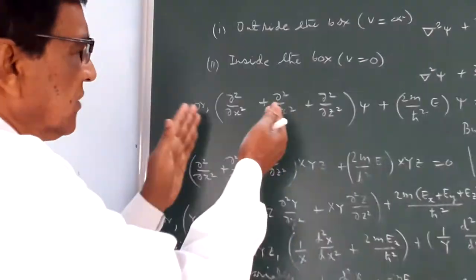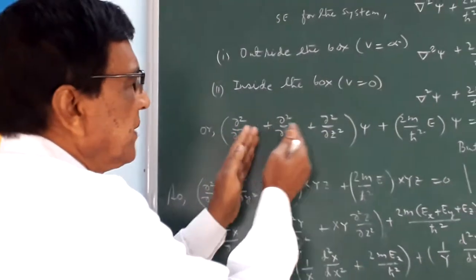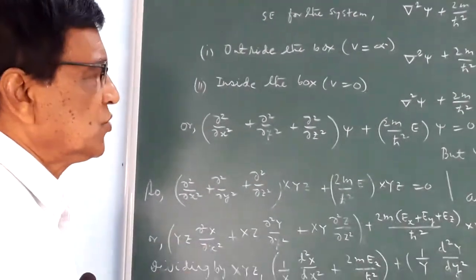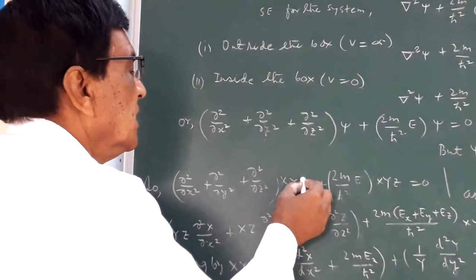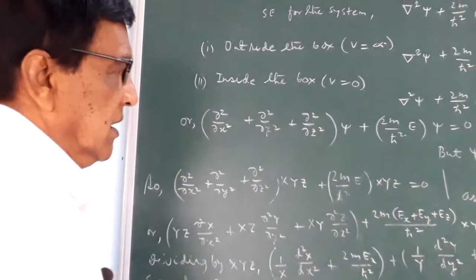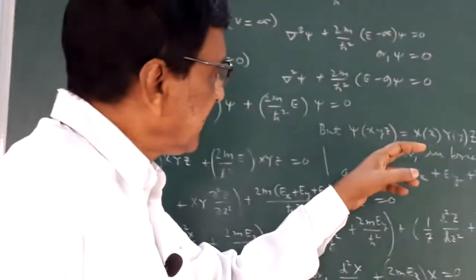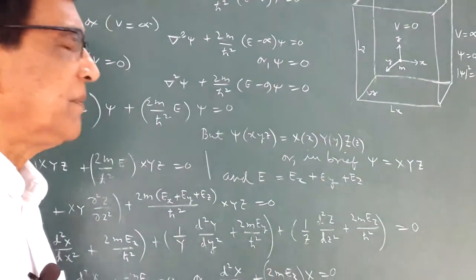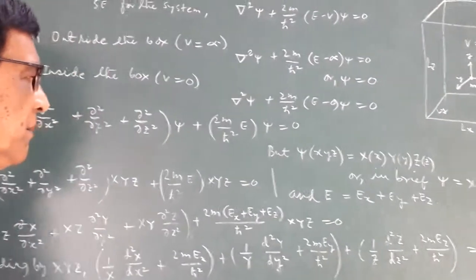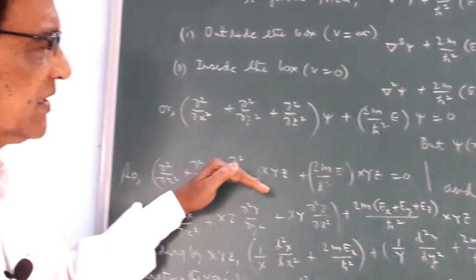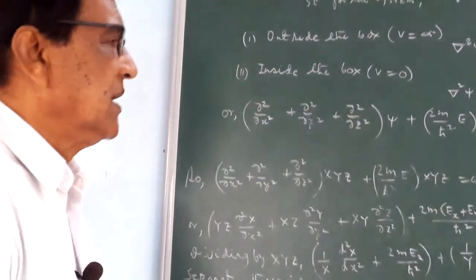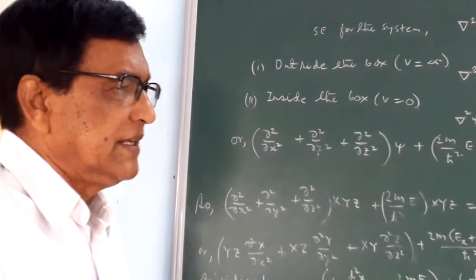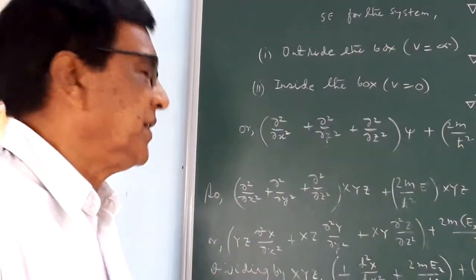Since the operator consists of these 3 independent parts, and x, y, z are also independent of each other, it is better to separate this equation into 3 equations, one for each direction.